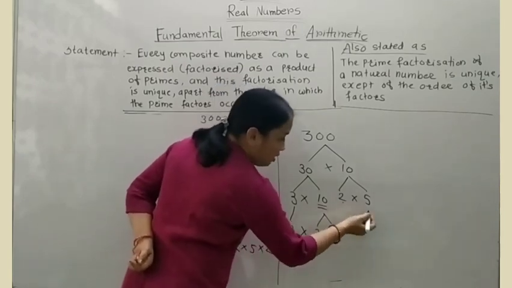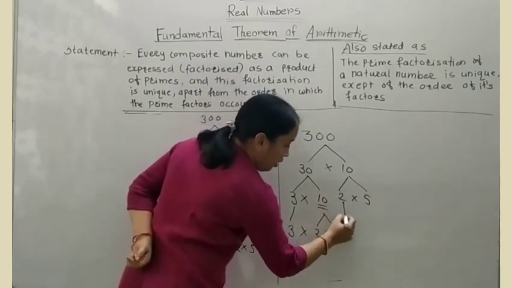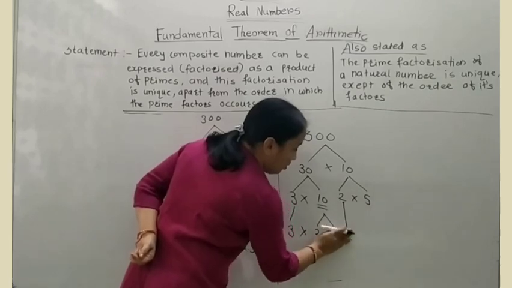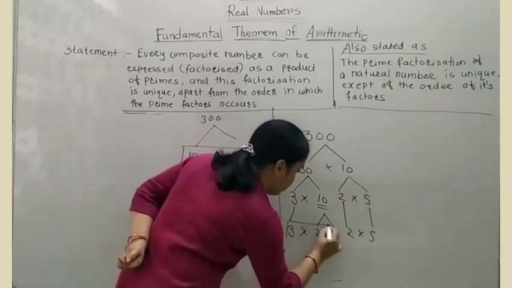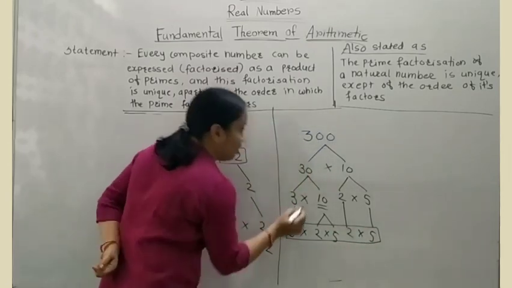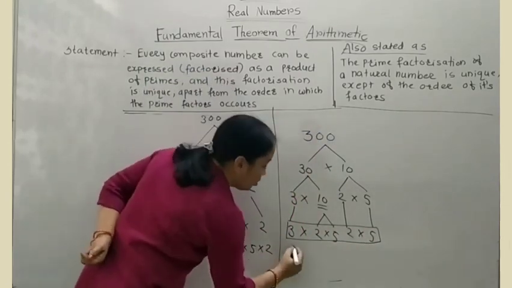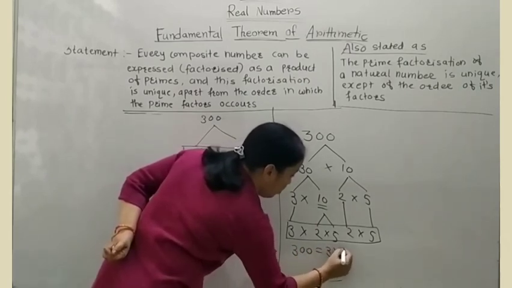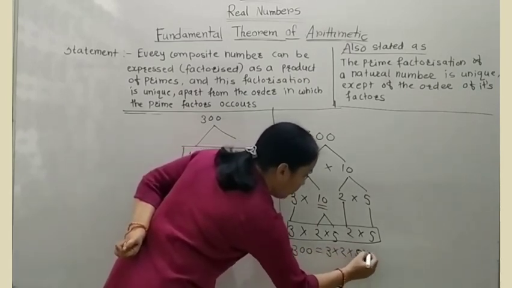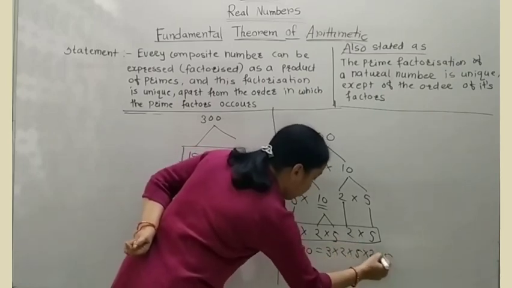These are already prime factors, so take them out as they are: 2 into 5. Now all the factors of 300 are prime, so again I can rearrange: 300 is equal to 3 into 2 into 5 into 2 into 5.